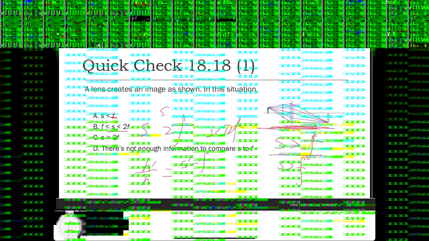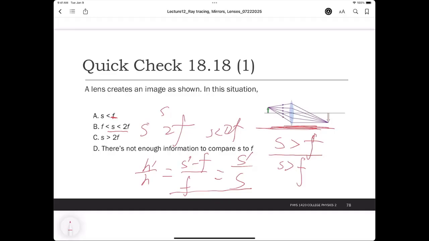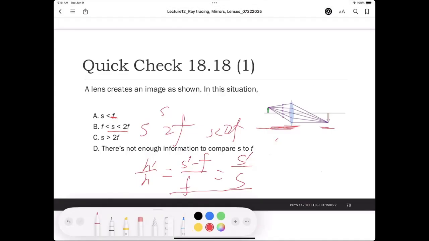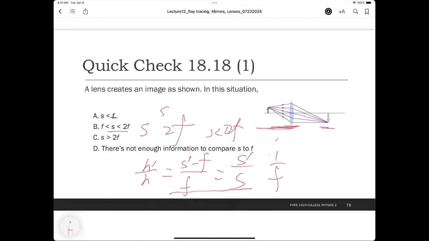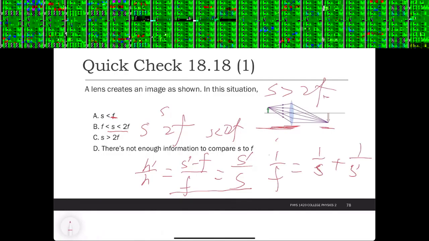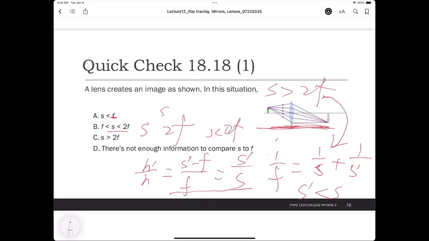Actually, from the lens equation, we have h dot over h equal to S dot over S. From this equation we can have this relation, and if we let S be greater than 2f and put it into this equation, it means S dot is smaller than S. But you can see from here that S dot should be greater than S, because the image is larger than the original one.